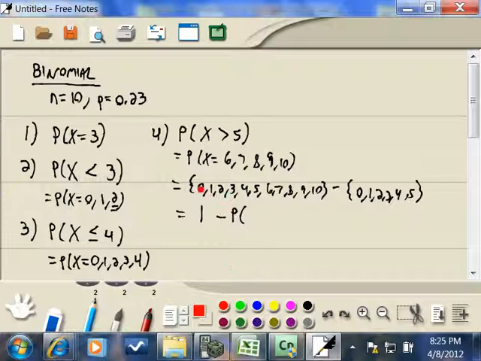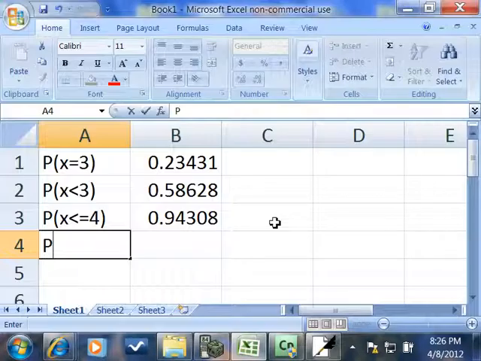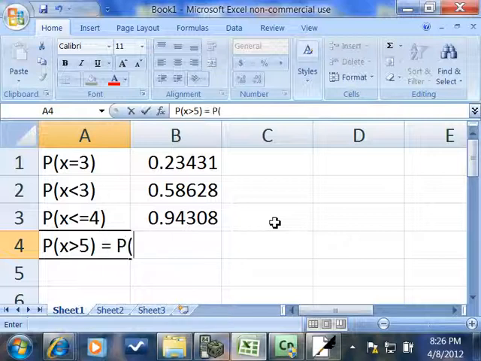Let me just show it here. If I cross off 0 through 5, see how it leaves us 6 through 10? So we're going to have 1 minus, and then see how it goes from 0 up to a number? That's what we have to have it in the form. So let me come over here, and this was x is greater than 5. And again, we're going to rewrite that as 1 minus probability of x is less than or equal to 5.